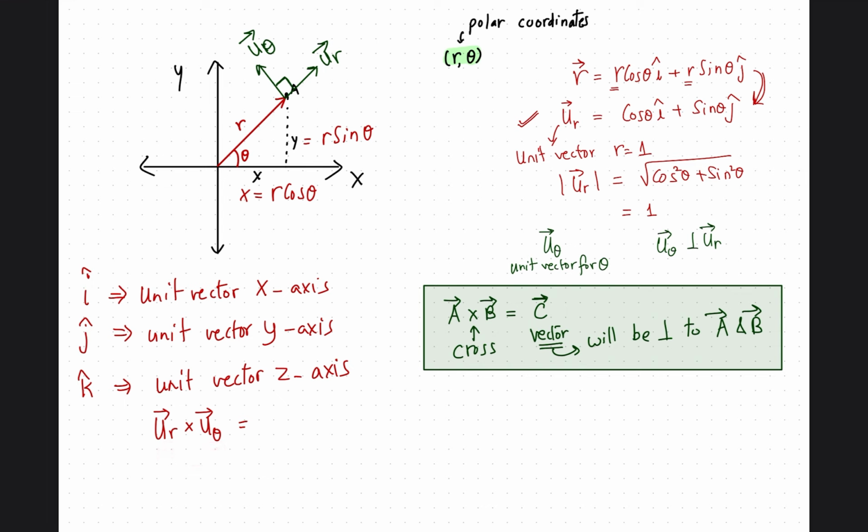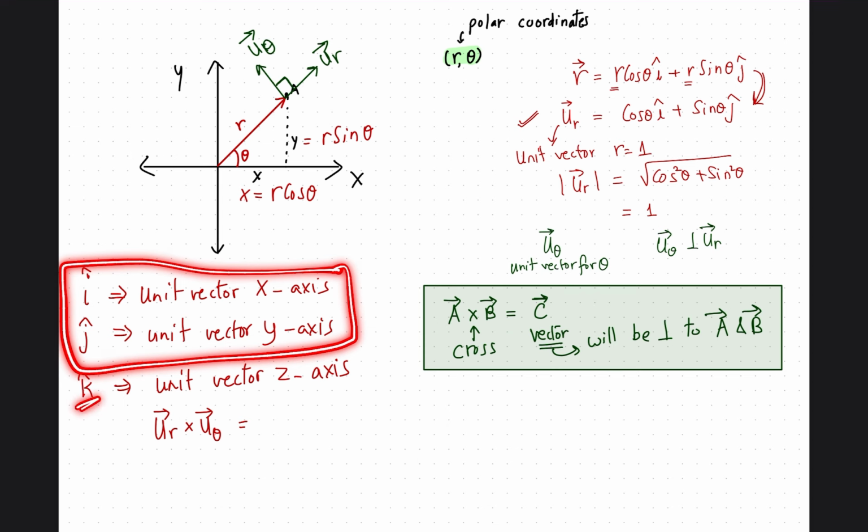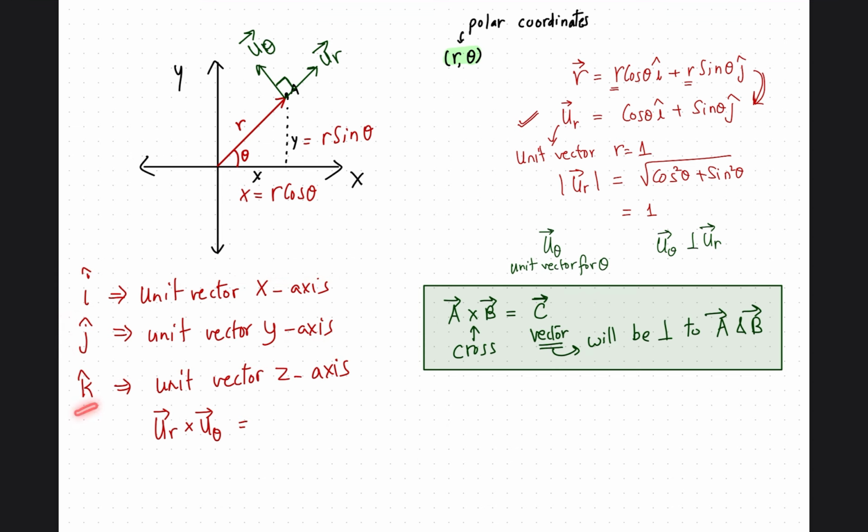We know that the unit vector which is perpendicular to XY plane is K, because K cap is a unit vector in the Z axis. So Z axis is perpendicular to the XY plane, that means it is perpendicular to UR and U theta. So that's why I'm writing UR cross U theta as K cap.